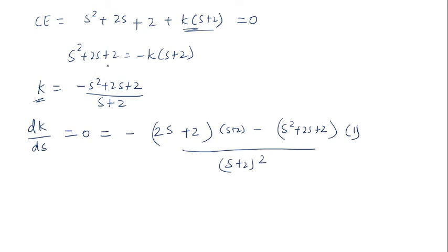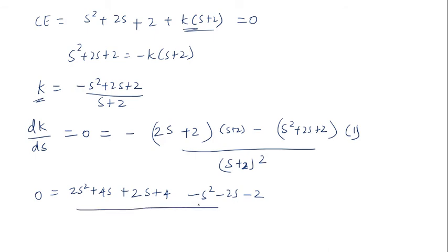The minus signs cancel, so 0 equals (2s square plus 4s plus 2s plus 4 minus s square minus 2s minus 2) divided by (s square plus 4s plus 4).